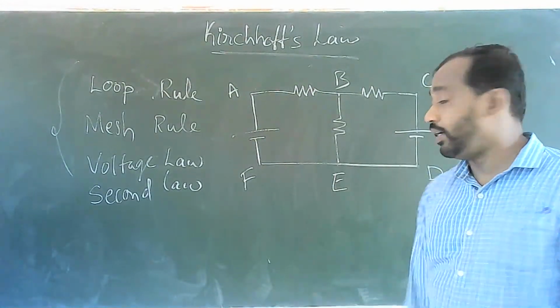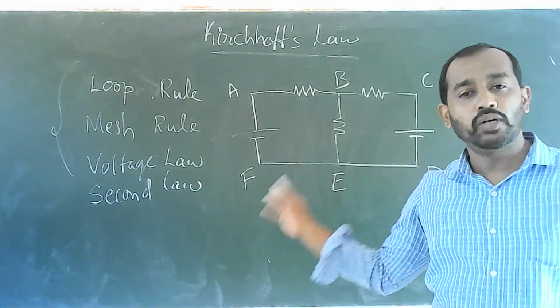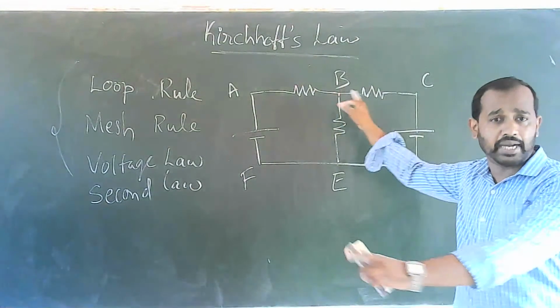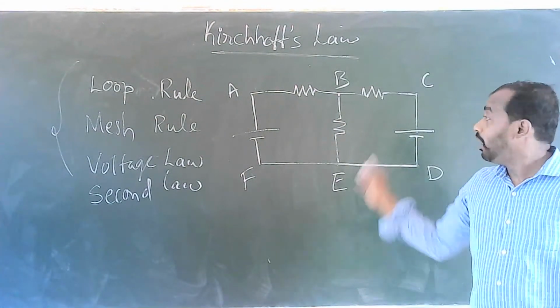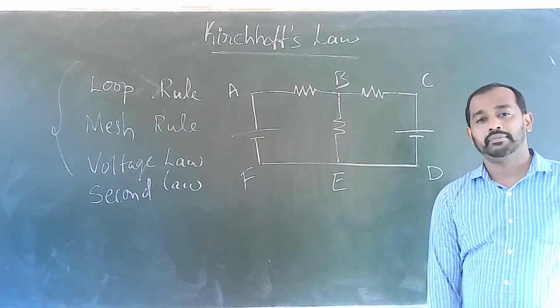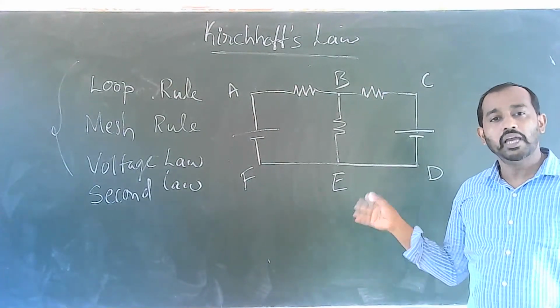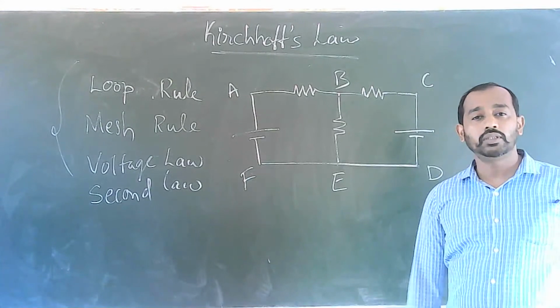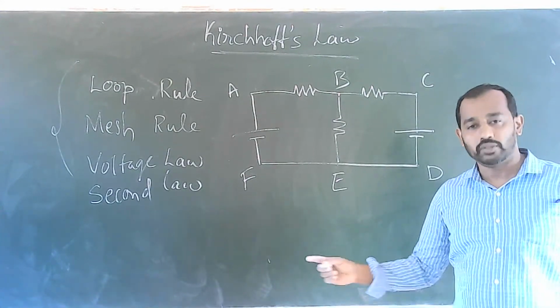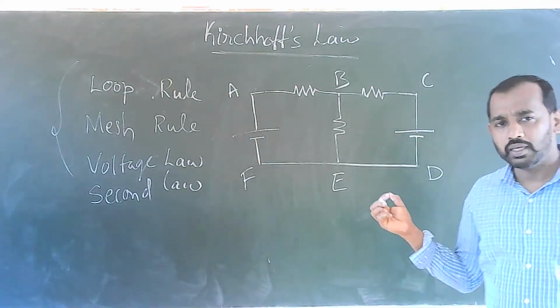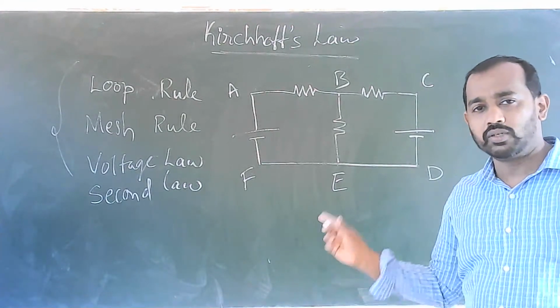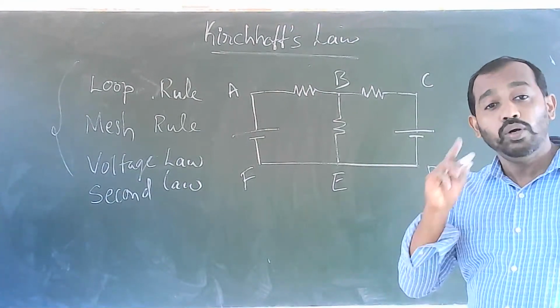First we are trying to find out the nodes in this given network. How many nodes are there in this network? Are you able to find out those nodes? How many nodes are present?